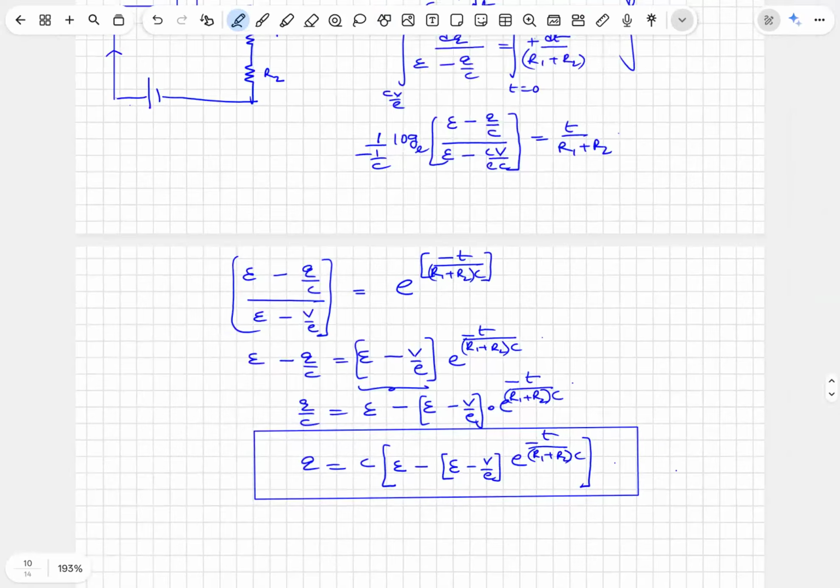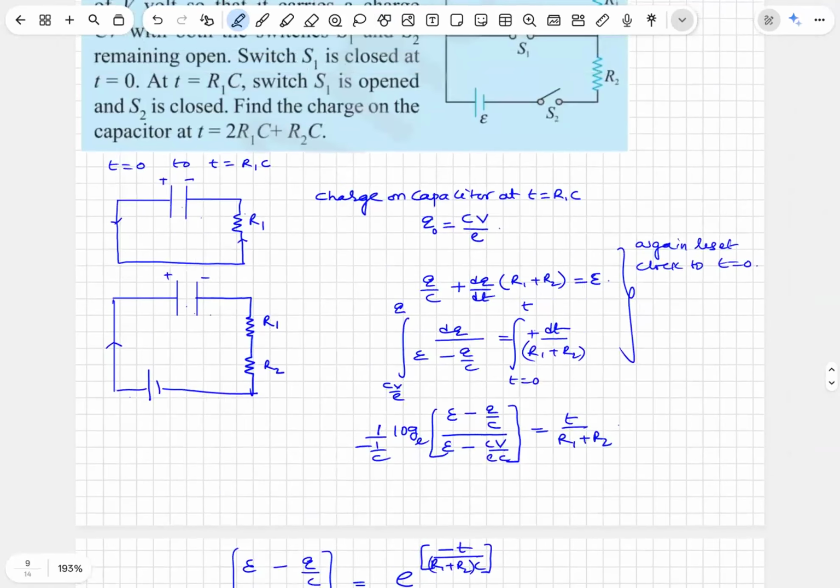No, they are defining some different time. You should expand this actually, R1C plus R1 plus R2 C. Don't consider this now because we have reset the clock. So therefore, you should consider only this part.